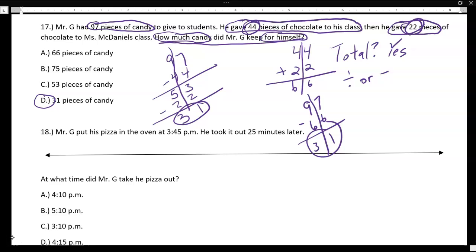Now, like we were talking about earlier, be sure you're careful because if you had done 97 minus 44 only, here's the answer right here, 53. If you would have done 97 minus 22, this is the answer right here.